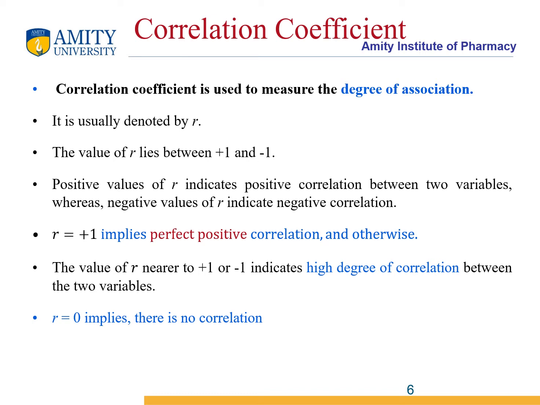Whether the value is +1 or -1, both indicate a high degree of correlation. Similarly, a zero value of R implies no correlation, that is, zero correlation coefficient.